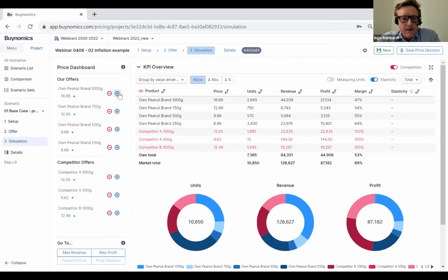Namely, that if we increase the price only of our product, in this case, we can have a very, very high elasticity. But if we increase all the prices in our portfolio, we see that elasticities drop massively because it's much less attractive for everyone to switch within our portfolio because everything has increased in our portfolio. So this is, I think, the core effect.